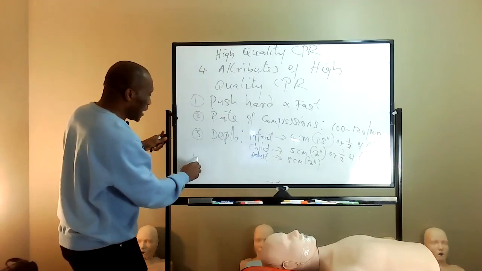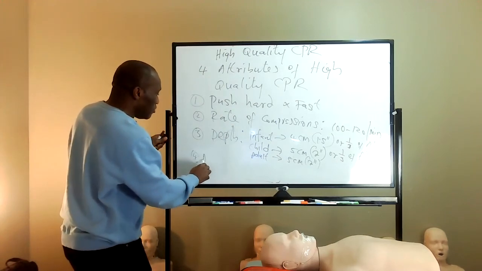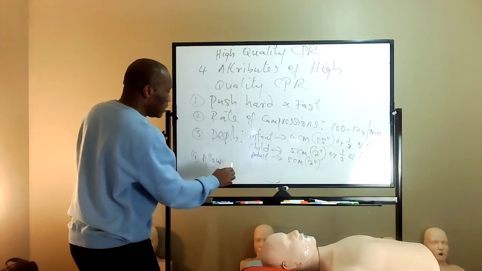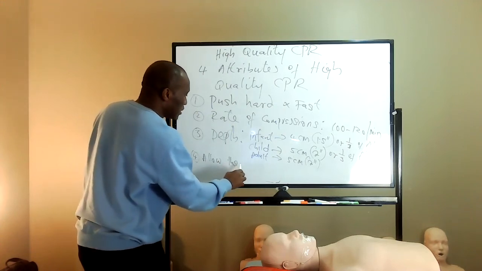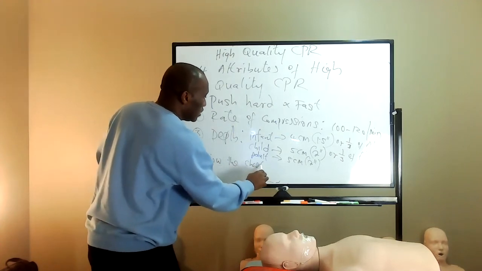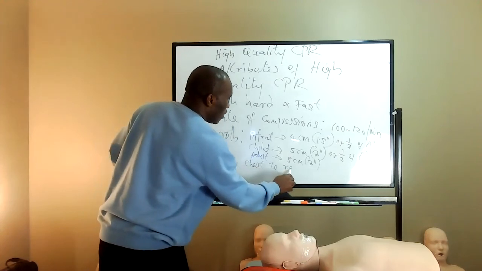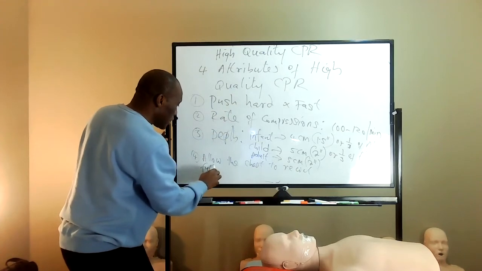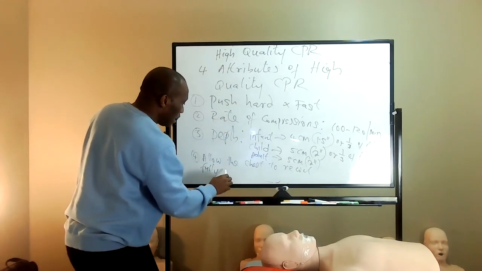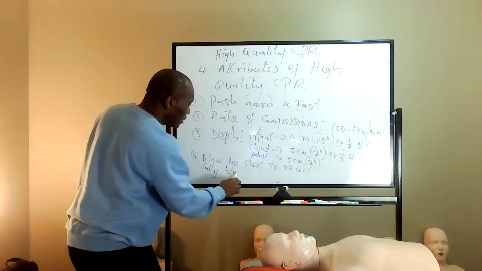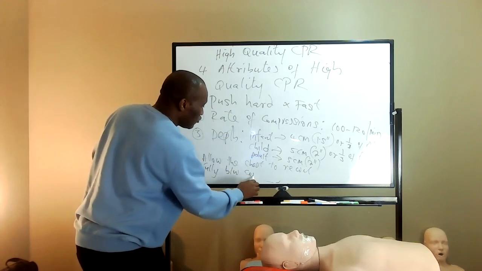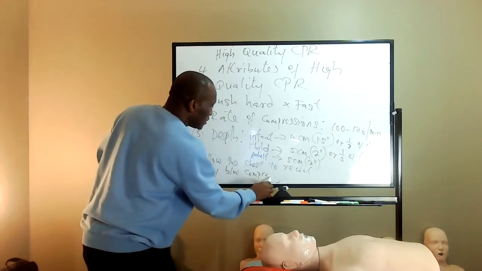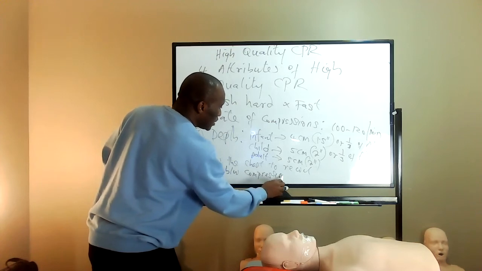So the 4th attribute is you must allow the chest to recoil fully. So 100% recoil fully between compressions. This is what we call diastolic.